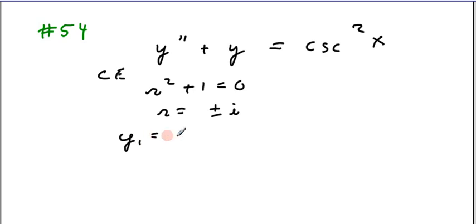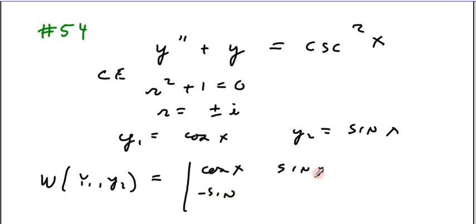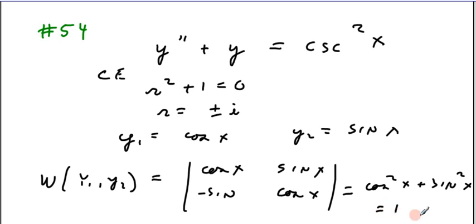Y1 is going to be cosine x. Y2 is going to be sine x. And the Wronskian of y1, y2 is going to be cosine, minus sine, sine, cosine, which is cosine squared x plus sine squared x, also known as 1.